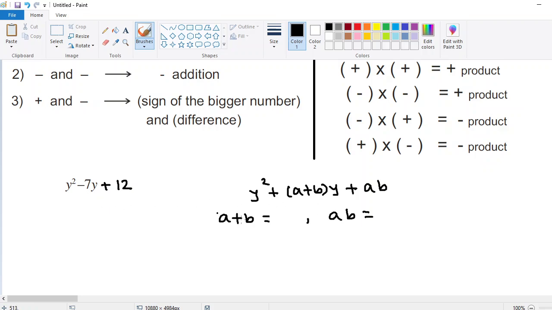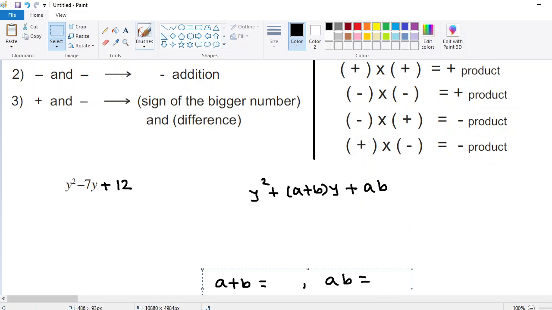Now if we compare this with the expansion of our identity, what do we observe? A into B must be 12, means the product must be 12, and A plus B is minus 7.